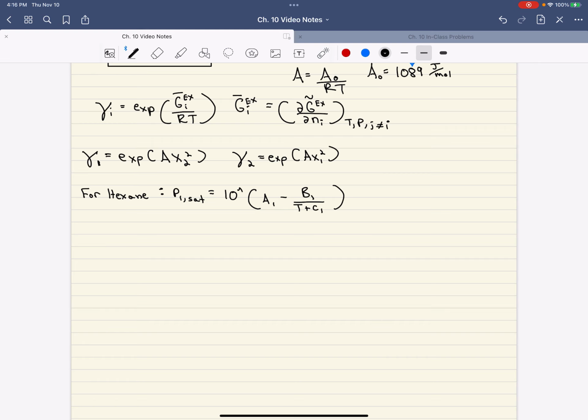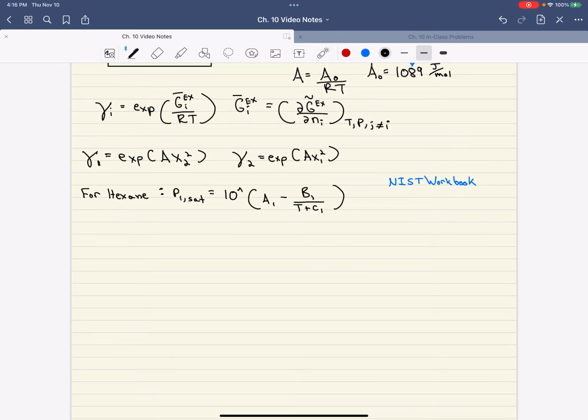And there are many different sources for where you could find your Antoine equation constants. One useful source is the NIST online webbook. If you just Google hexane Antoine constants, this will likely be one of the first hits.